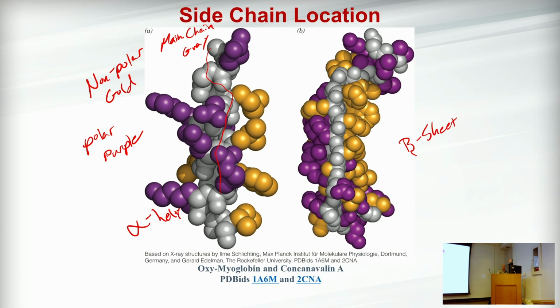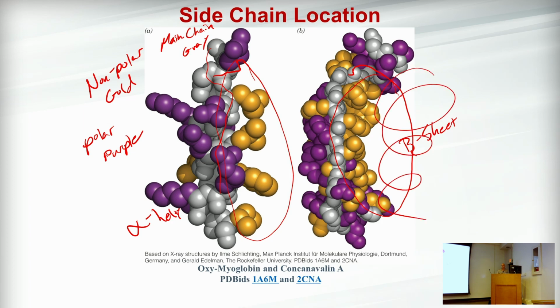What if I could throw these in water together? What would happen? The nonpolar side chains fold inward. Or maybe the nonpolar side chains from this alpha helix start to interact with nonpolar side chains on this beta sheet, and then we have sort of an alpha helix forming next to a beta sheet, right?